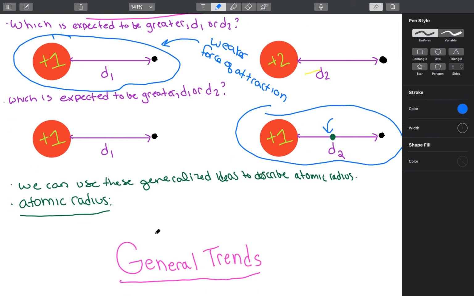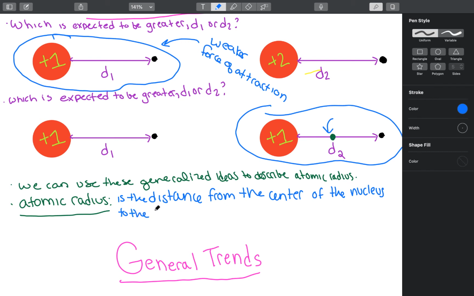So what is an atomic radius? Well, the atomic radius is the distance from the center of the nucleus to the periphery of the atom.